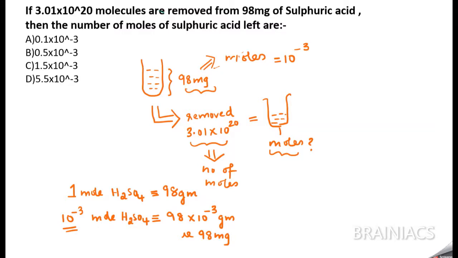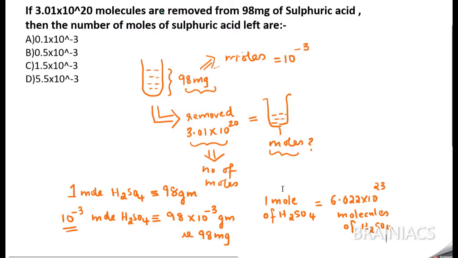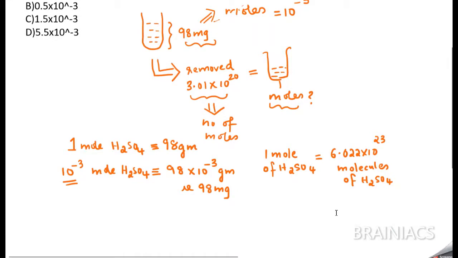Now I need to convert 3.01 into 10 power 20 molecules into number of moles. I know that 1 mole of H2SO4 has the Avogadro number, 6.022 into 10 power 23 molecules of H2SO4. Now I need to know how many moles are in 3.01 into 10 power 20 molecules.